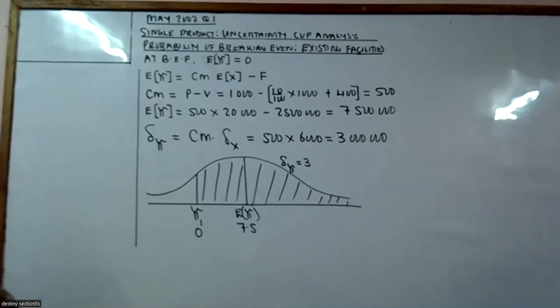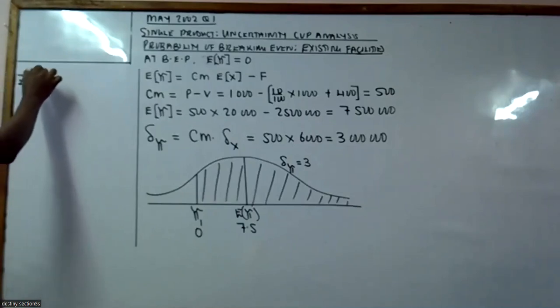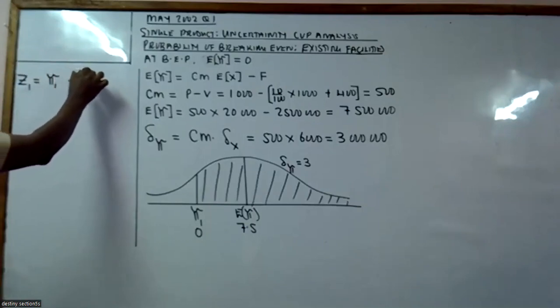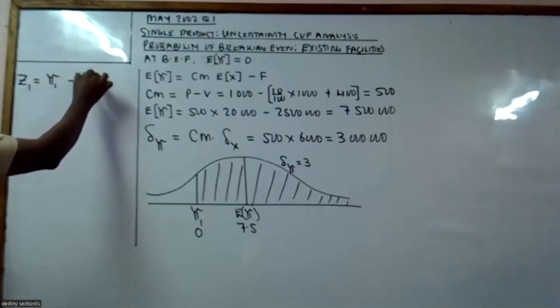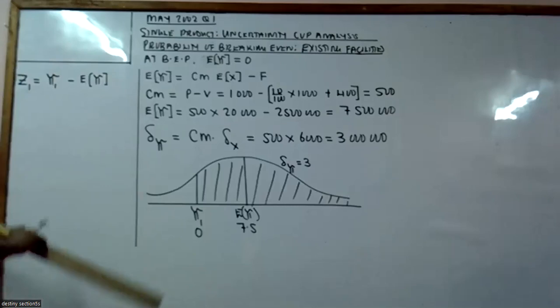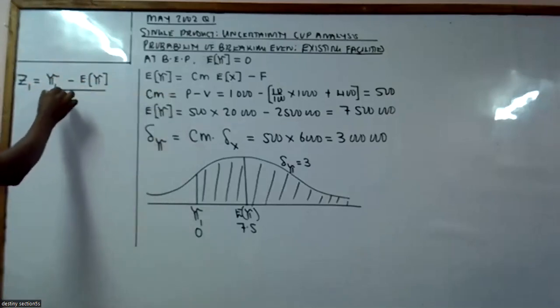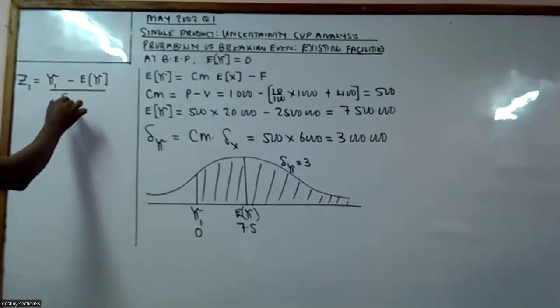So after shading that, we compute Z. Z1 will be equal to pi 1 minus the expected pi, you divide by the standard deviation of pi.